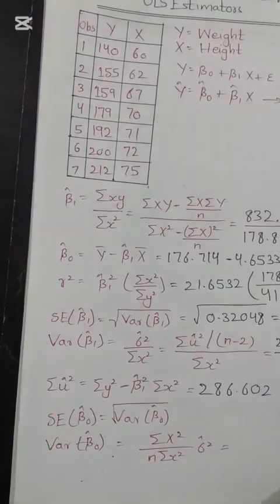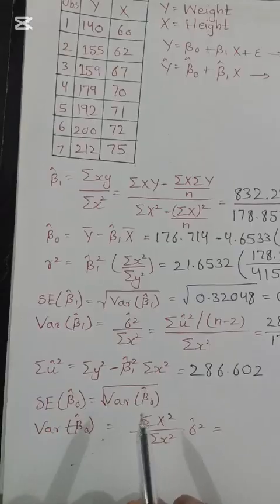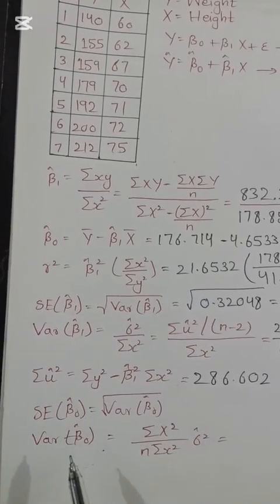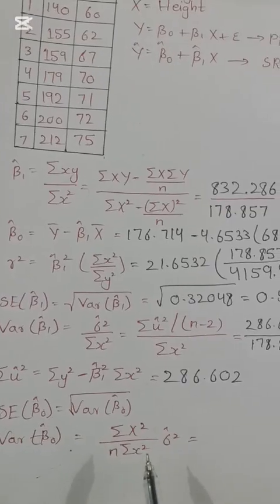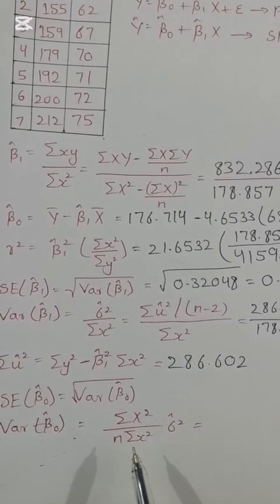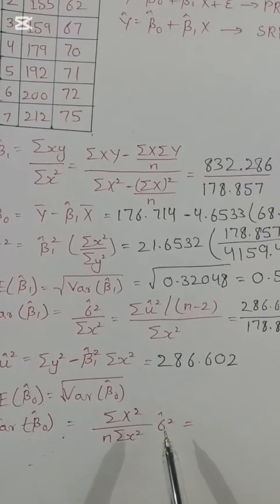Next, I will find the standard error of beta naught hat, which is equal to the square root of the variance of beta naught hat. The variance of beta naught hat is equal to the sum of x square divided by n times the sum of small x square, multiplied by sigma square hat.